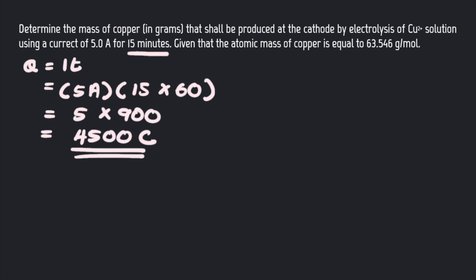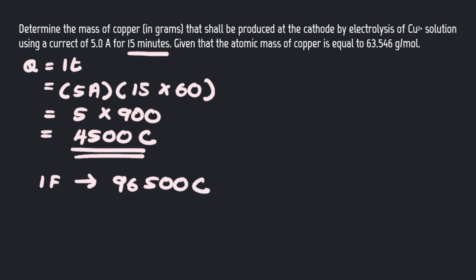Alright, so what we are going to do next is convert this coulomb into Faraday. Basically, 1 Faraday is equivalent to 96,500 coulomb.